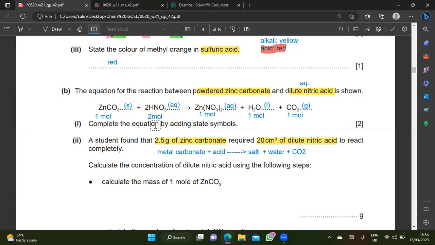So what is missing? The quantity. So it's not sufficient to know the reactants and the products. What we need is the quantity of the reactants and how much product is made. So this we can get from the balanced chemical equation.